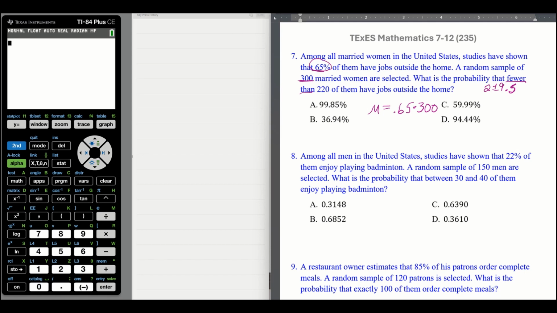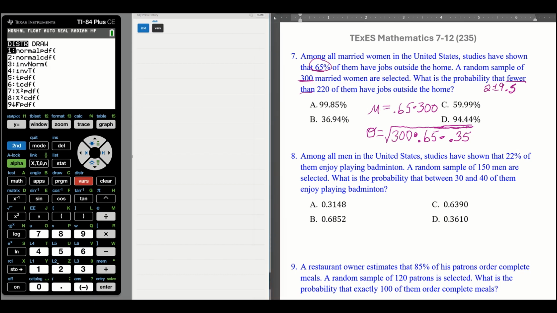Not a problem. We can calculate our standard deviation. We take our 300 times our 65% times the rest of the percent. So 1 minus 0.65 is 0.35. So when you are calculating the standard deviation, make sure that your two decimals equal 1, just in case. Okay, so let's put that in.